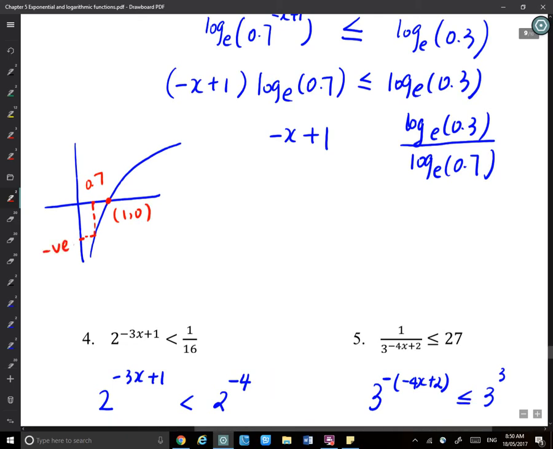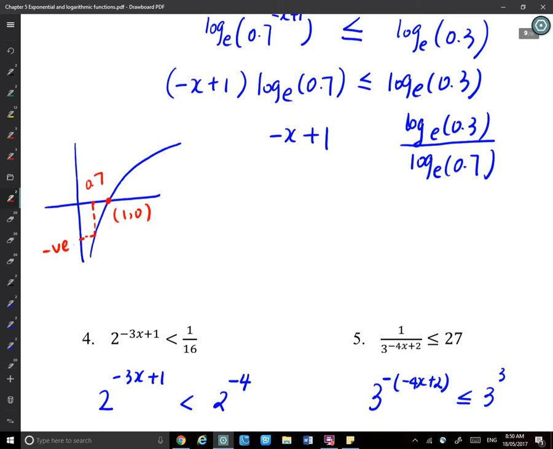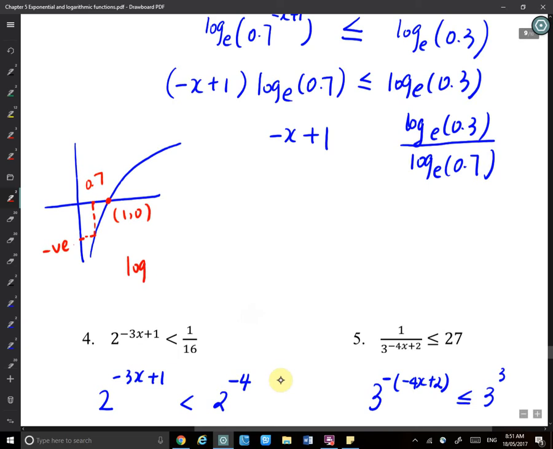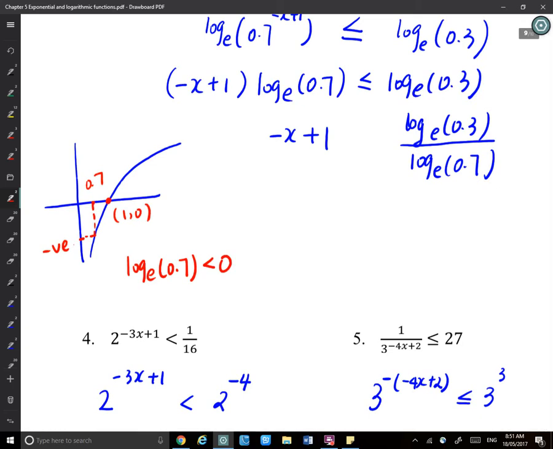Log e 0.7 is a negative number, less than 0. If you don't believe me, you can put it in the calculator and have a look. But it's definitely a negative number, because that number is less than 1, it is below the x-axis, so the y value is negative.